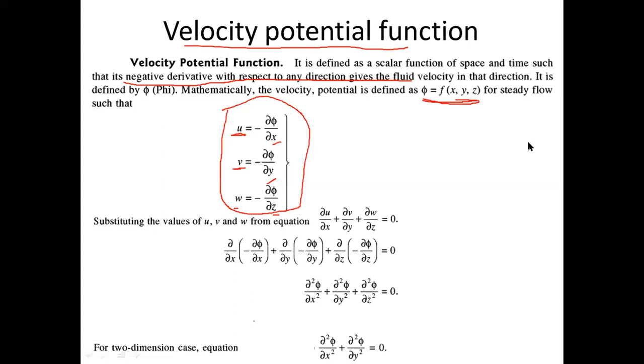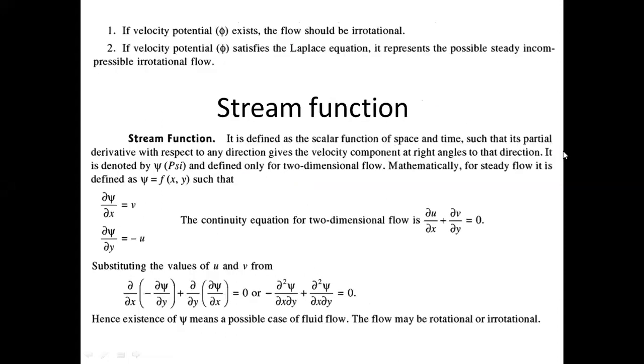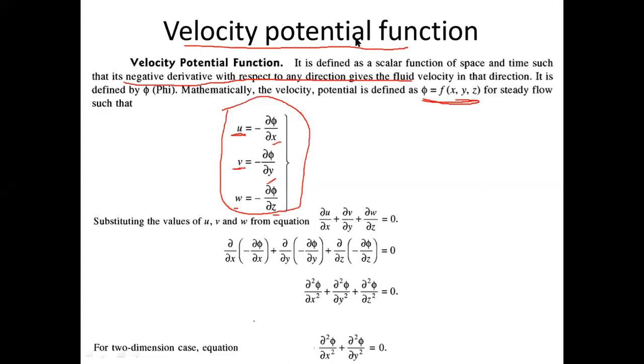I will tell you this point in the next slide also, in the important points. For now, the mathematical definition is that the negative derivative of the potential function in any direction will give you the velocity in that direction. The second point you need to remember is that if phi exists for a flow, that means the flow will be irrotational. So that is the use of phi.